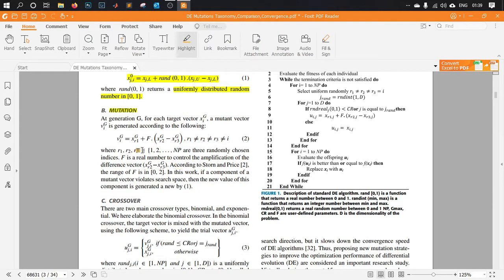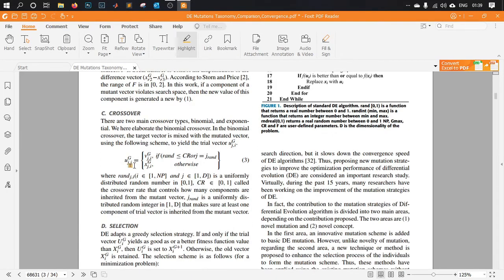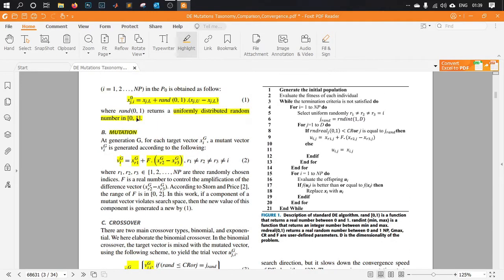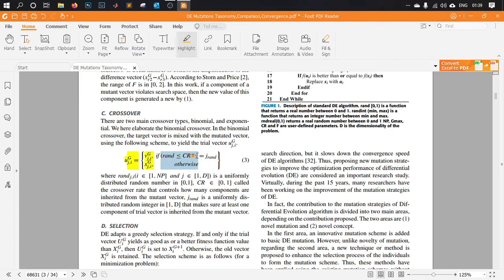and then they are performing the mutation, where they are adding the scaled difference to the current individual and creating a new individual, and then they are doing the crossover, where they are generating and selecting either the new mutant vector or the old parent vector depending on whether the random number used over here is greater than the crossover rate.